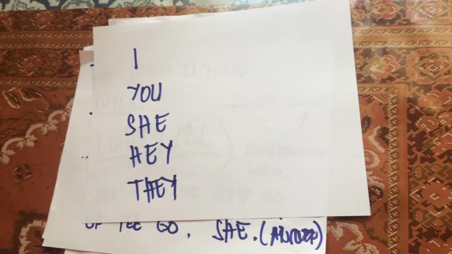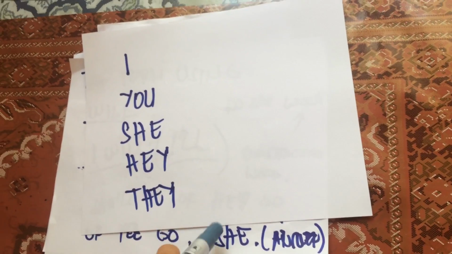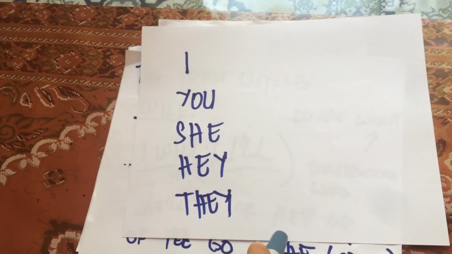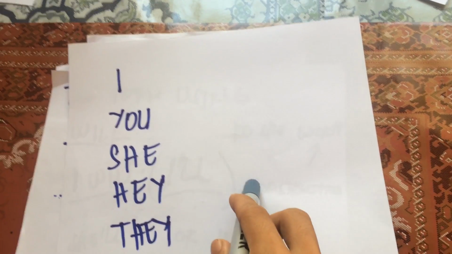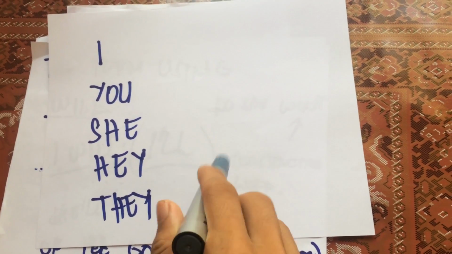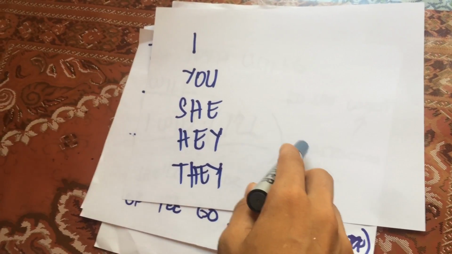We can make a contraction with will. When you put I and will together, you form I'll, one shorter word with an apostrophe. If we have she will, and we put them together, it becomes she'll go, or he'll go, or I will go, or I'll go.